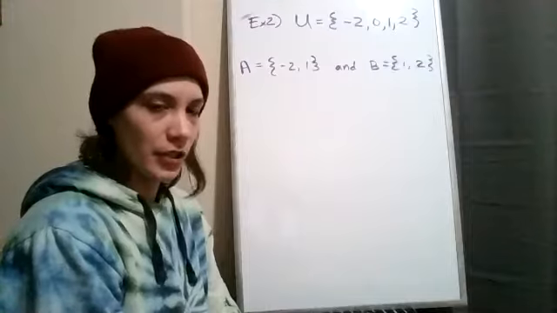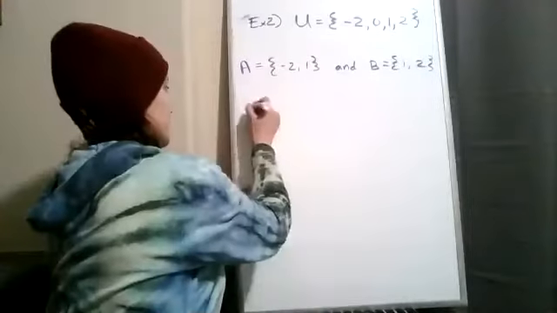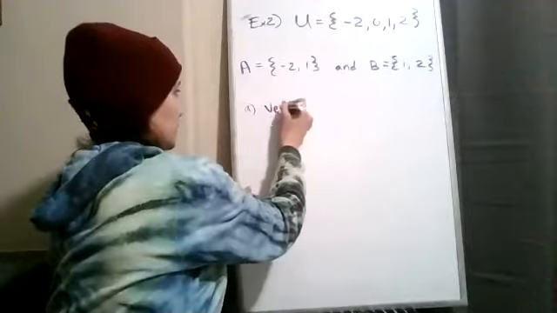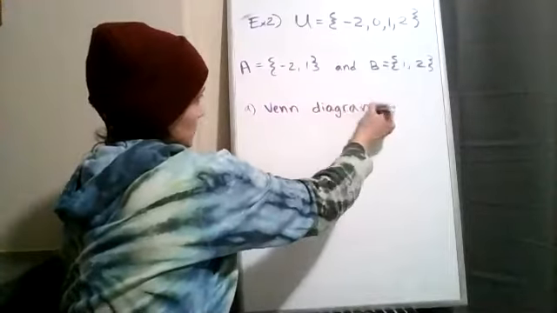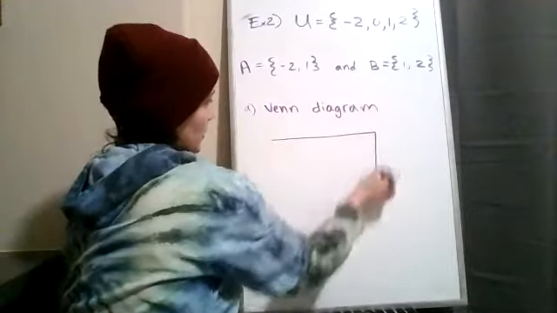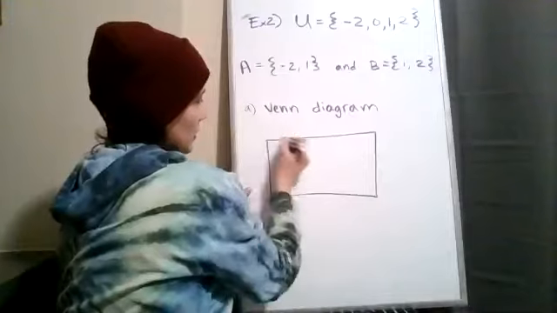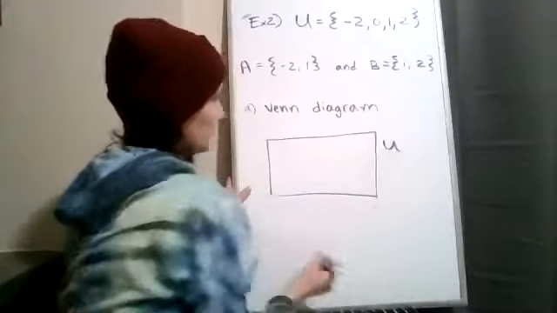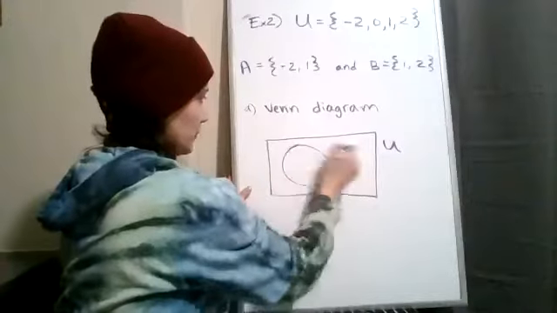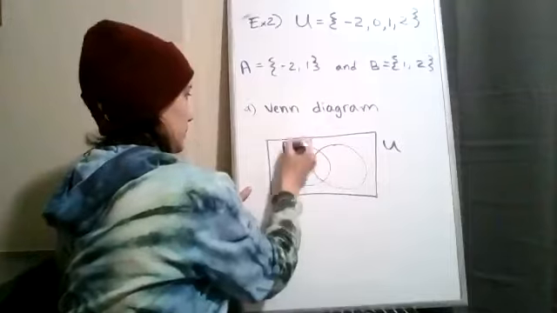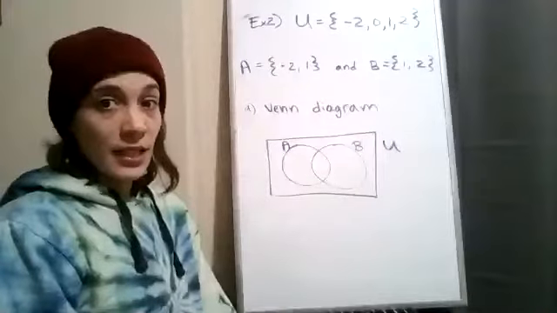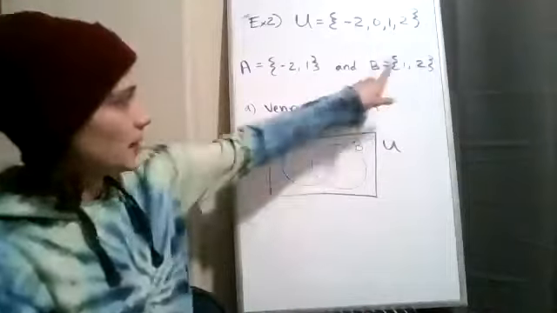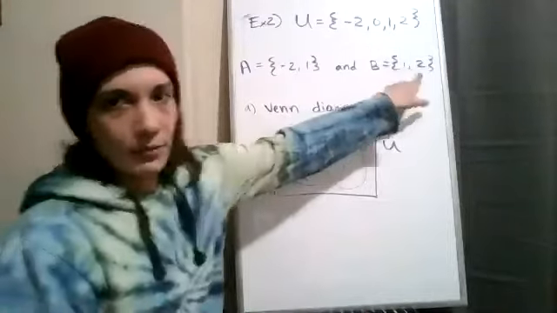So, yes, a picture would be good. Okay, so A contains -2 and 1. B also contains 1 and 2.